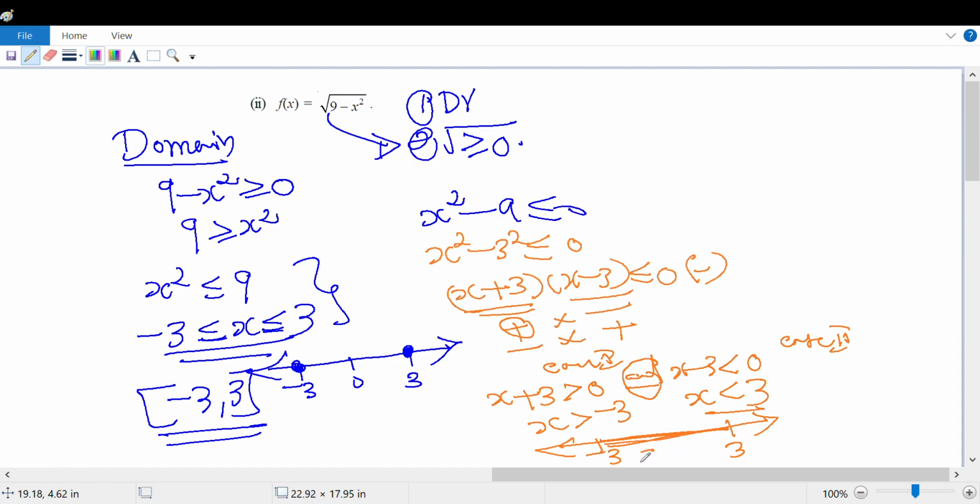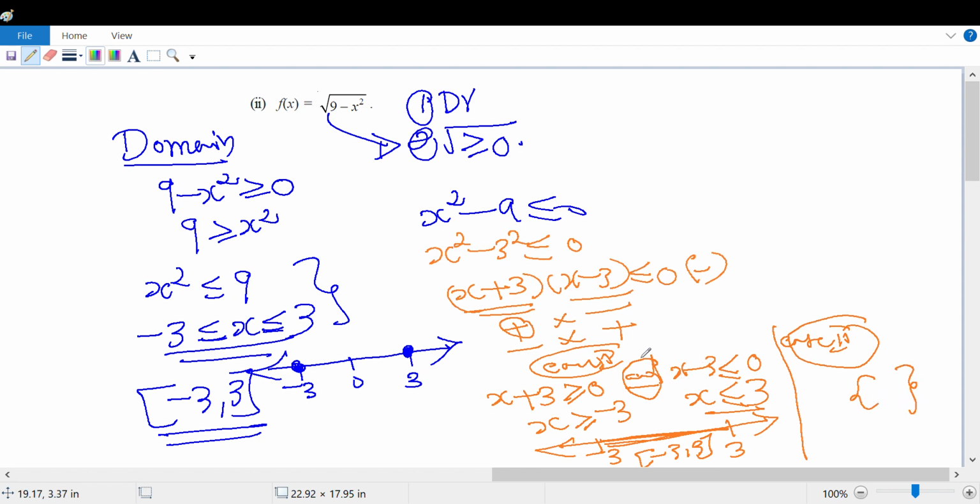That means closed minus 3 to 3, because this question contains inequality symbol, so we can take greater than or equal to or less than or equal to. So now, we have case 2 also. If you are doing the case 2 as I explained in the similar way, you can find out here null set.